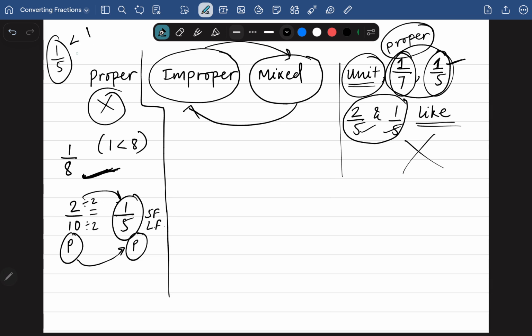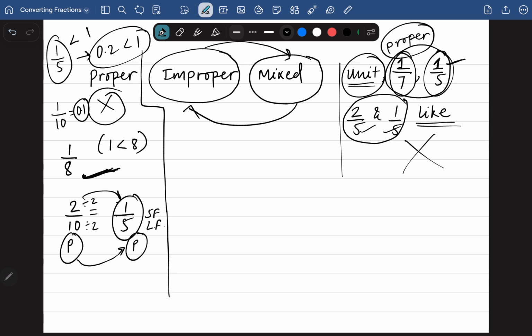For example, in case of 1/5, its decimal value is 0.2, which will always be less than 1. So remember, in any proper fraction its decimal value will always be less than 1, because the numerator is less than the denominator.